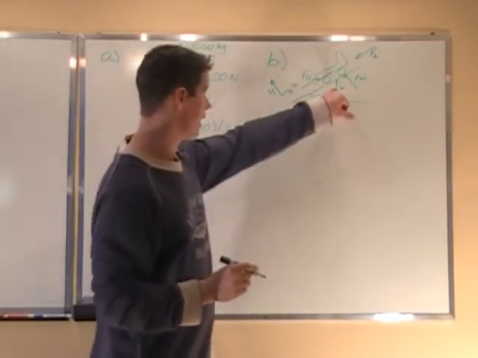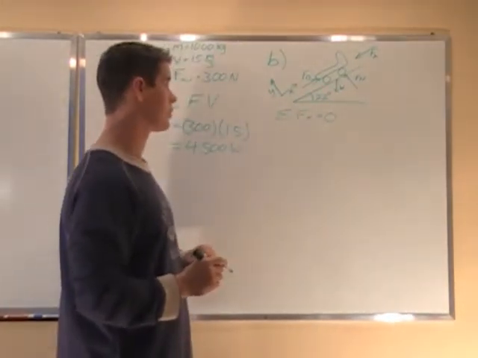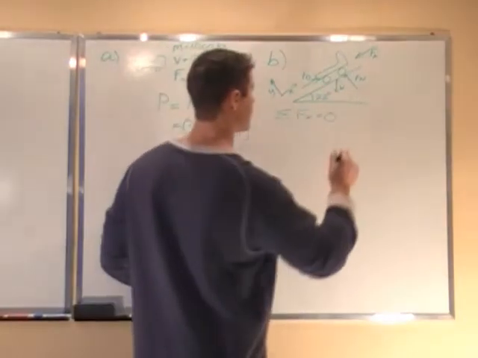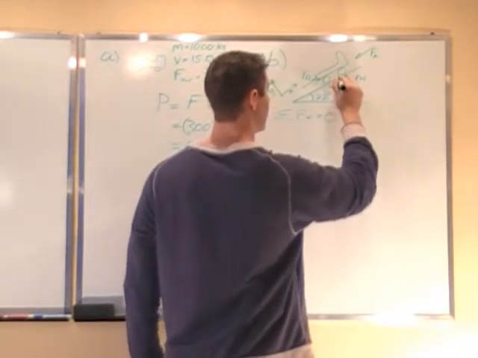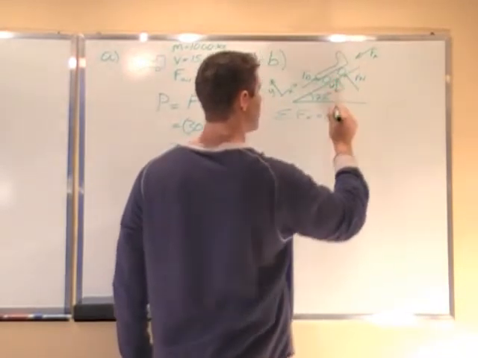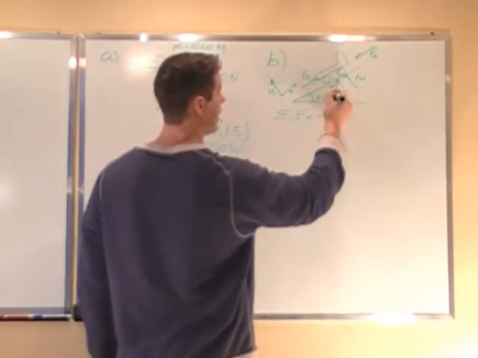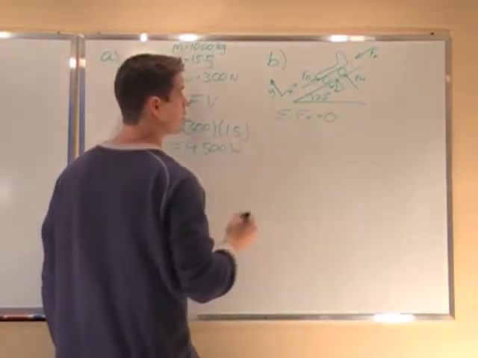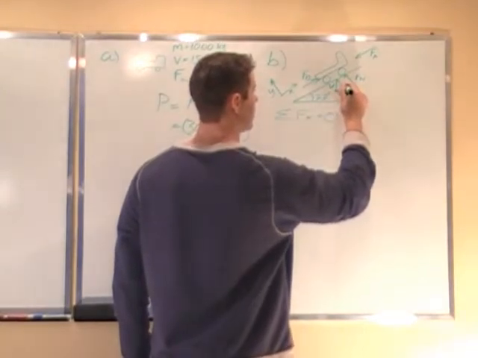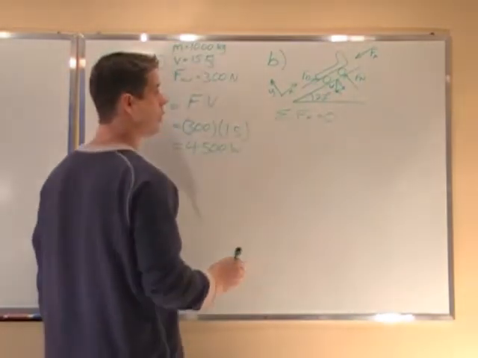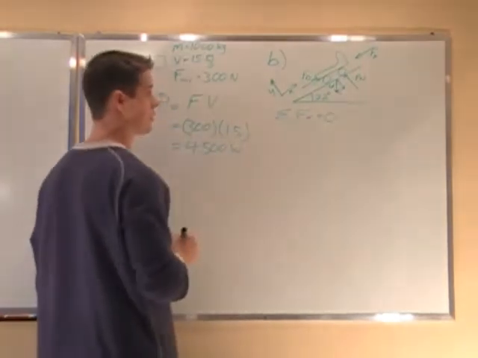Now what we have to do is break this weight up into its components. So all I do is I split it up, I make a little triangle, put the W on this side, break it up into a triangle, so that this is in the y direction and this is in the x direction. So this force acts downward in the negative y and back in the negative x direction.